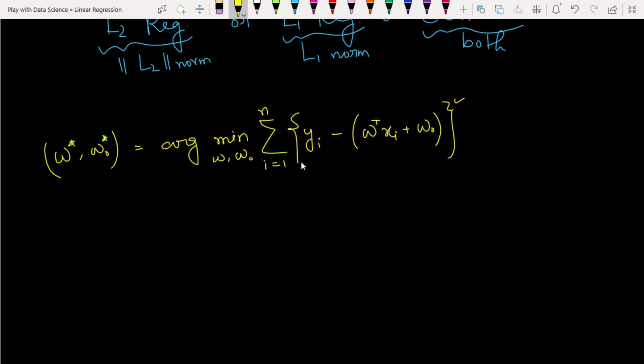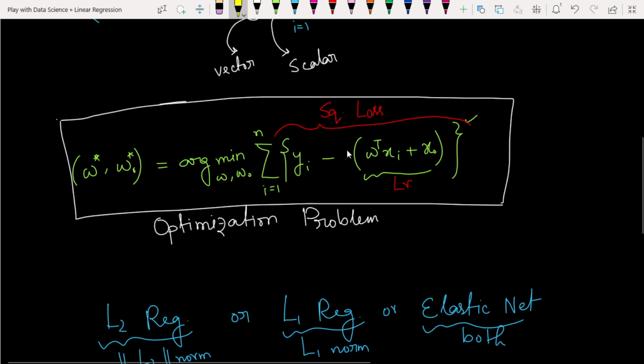This is our loss function, our square loss. As you see, these are square loss.